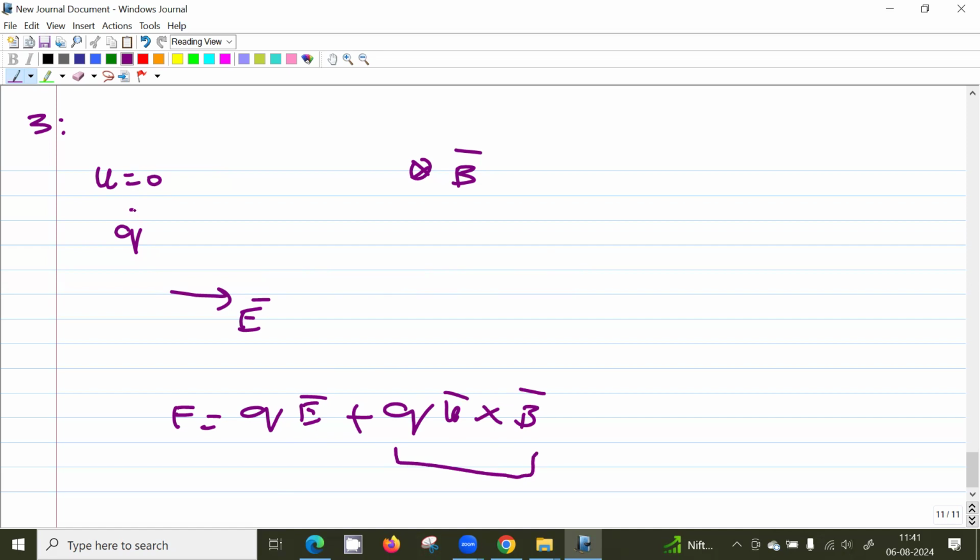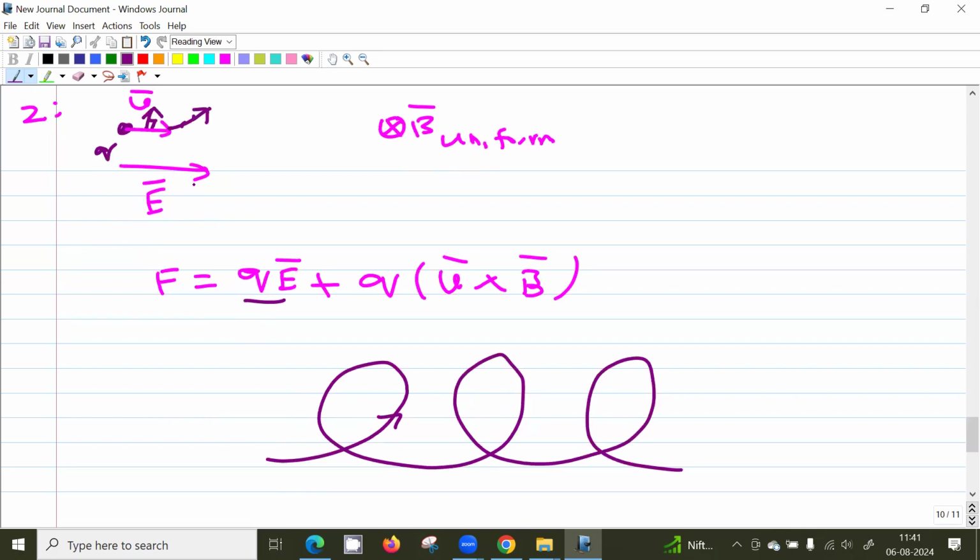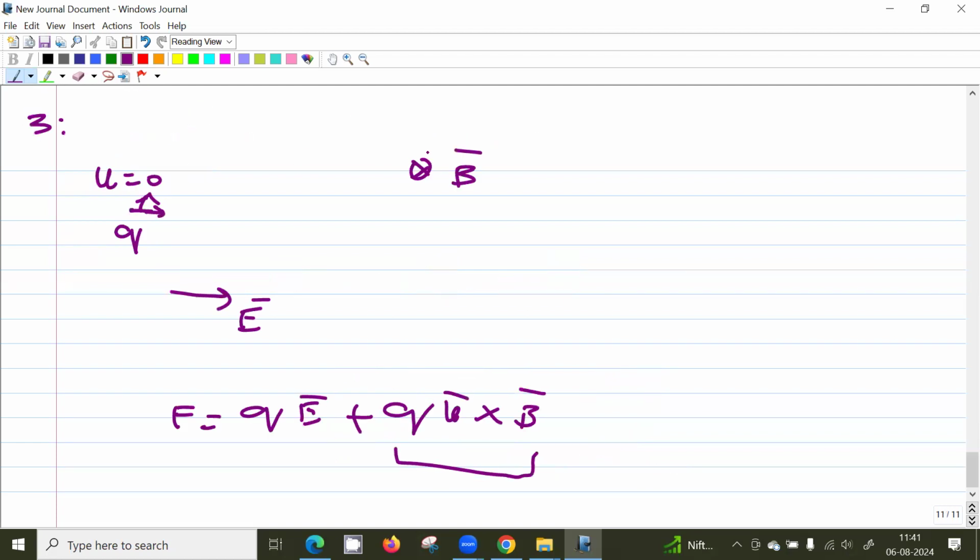But once it starts moving in the direction of the electric field, V is there. So this force will start acting. Okay. So then it will be a circular motion and also it will move towards right. So it will be like this only. So I don't need this initial velocity because the electric field is there. Once this electric field moves this thing towards right, that will give a force due to the magnetic field. So this way you can solve any problem.